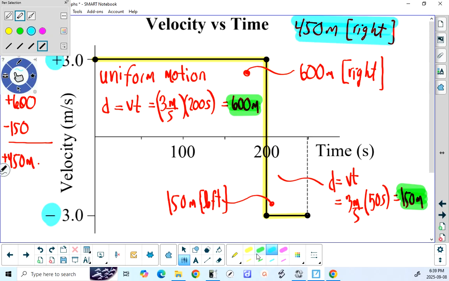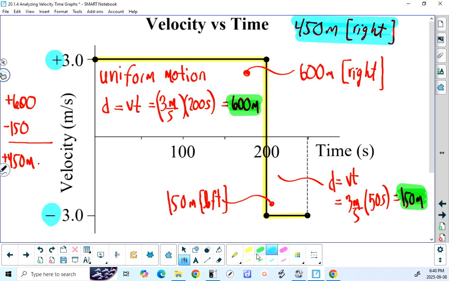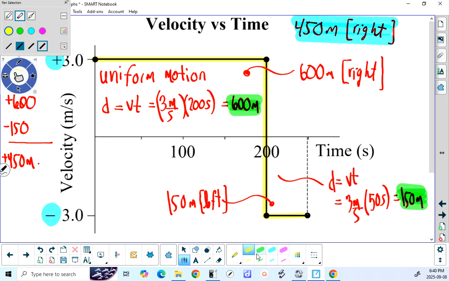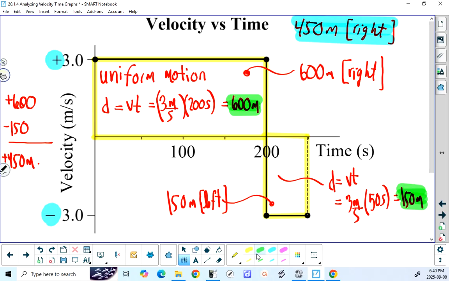Now, I want to point out something to you here, that what we could have done is look at shapes. This first part of the journey is represented by a rectangle, and the second part of the journey is represented by a rectangle. One of these rectangles is above the time axis, which means it's positive for the displacement, and one is below, which means it's negative.